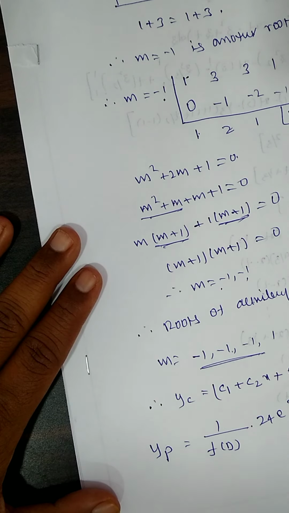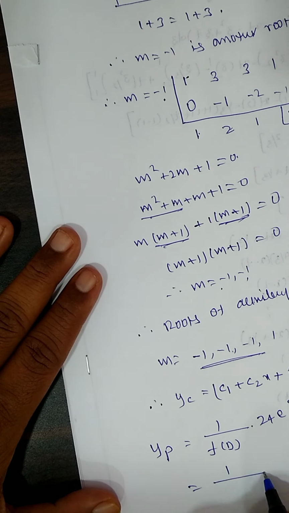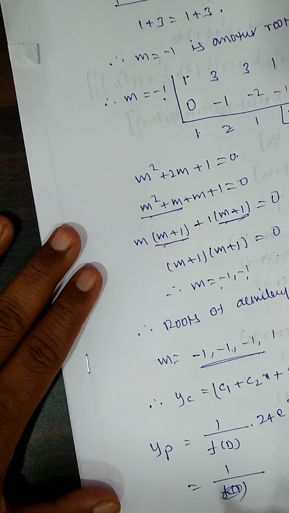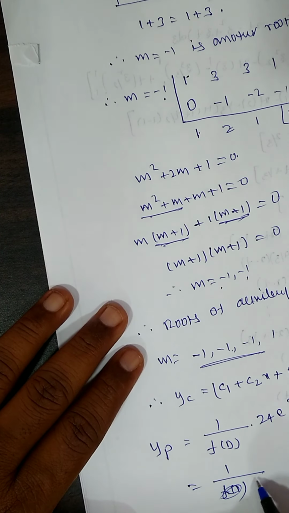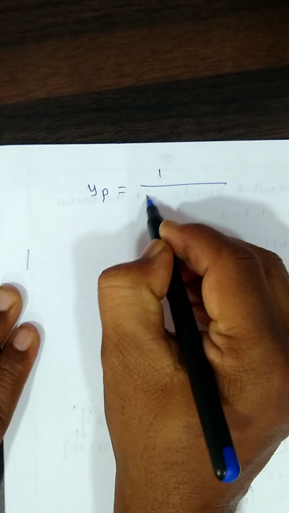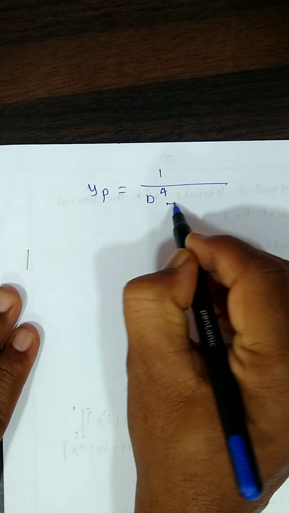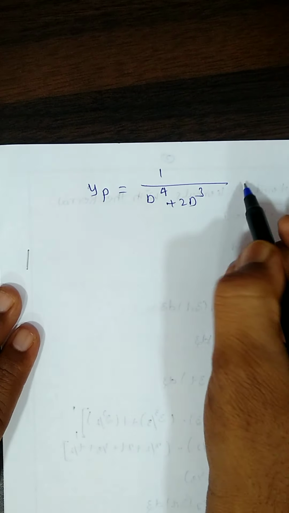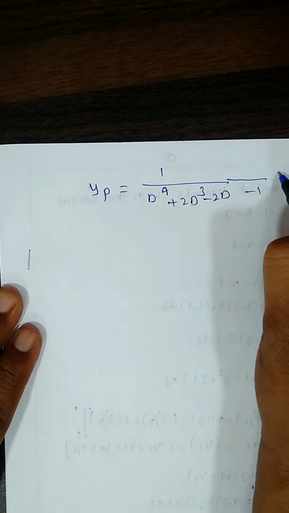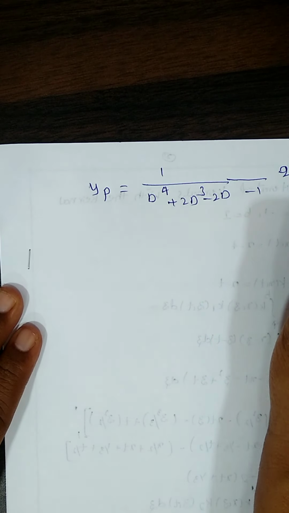Here a equal to 1, so we apply 1 by f of 1, or we can write D. What is the D value? yp equal to 1 by D power 4 plus 2D cube minus 2D minus 1, into 24 e to the power of x.